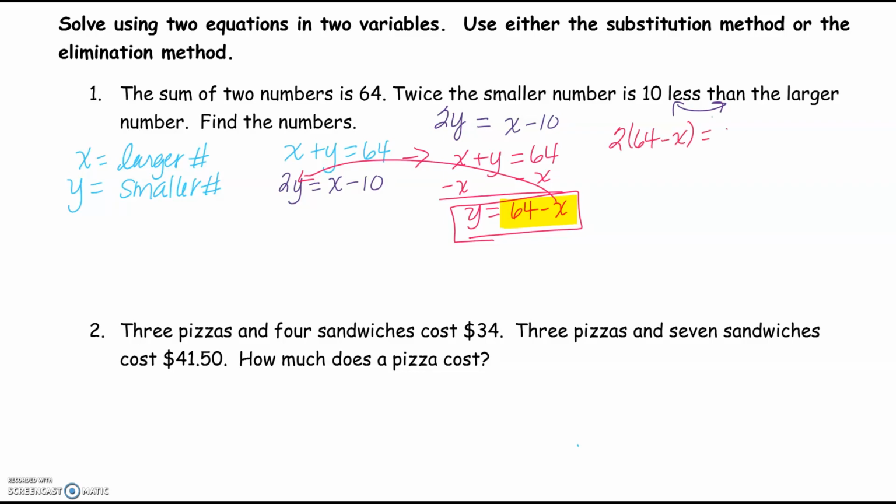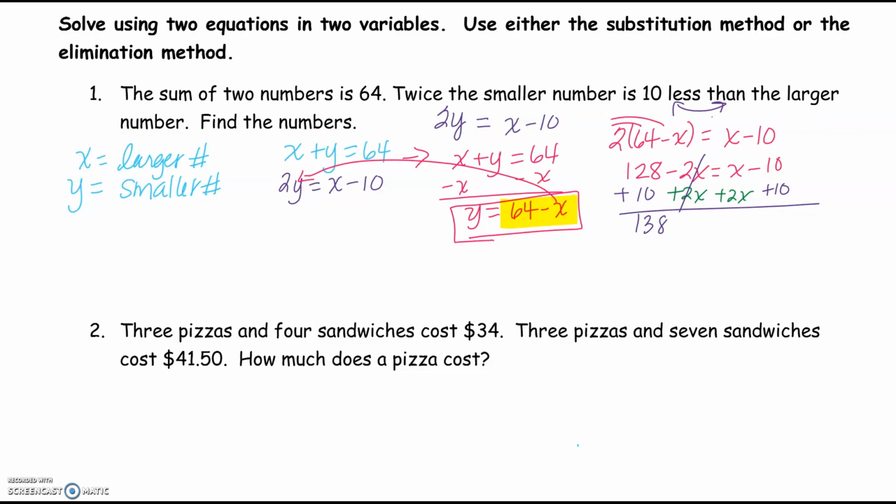equals x minus 10. You're going to distribute. 2 times 64 is 128 minus 2x equals x minus 10. First, I'm going to add 2x, but in the same step, I'm also going to add 10, just so we can clear it all at once. 128 plus 10 is 138.